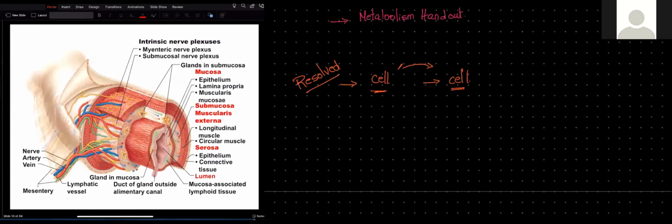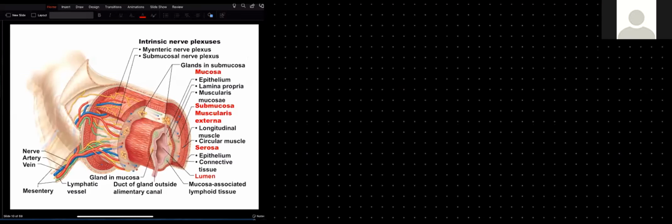All right, so the first star diagram that we're looking at today is going to be the diagram showing the different layers of the gastrointestinal tube. So those are the 4 main layers forming any part of the gastric tube. First layer to the inside is called the mucosa. This is my mucosa lining.